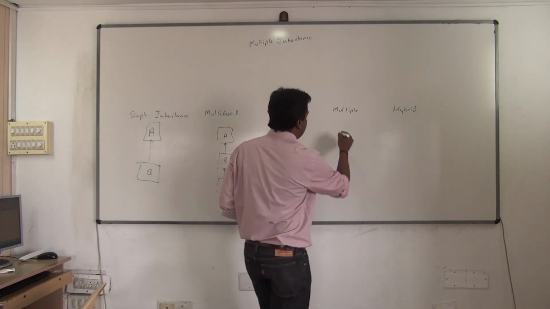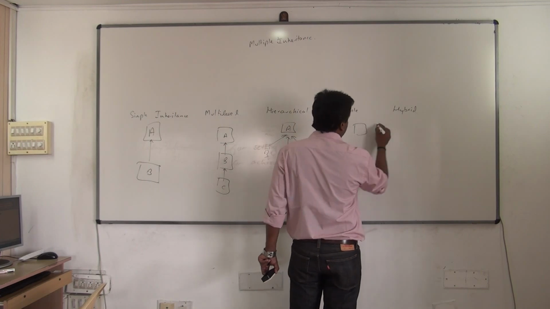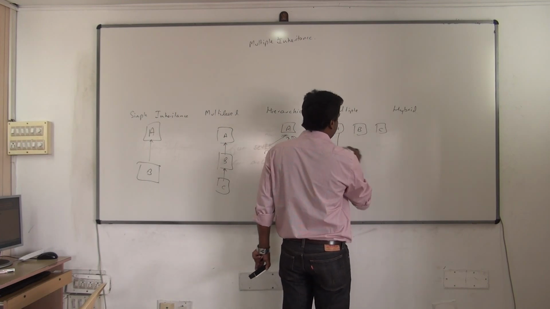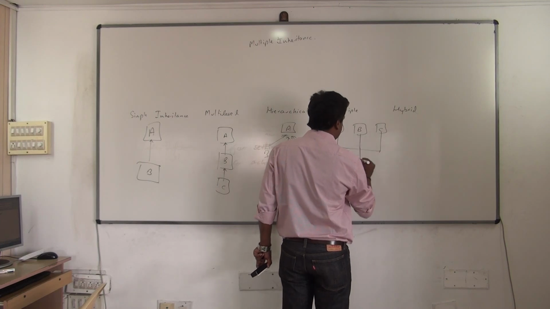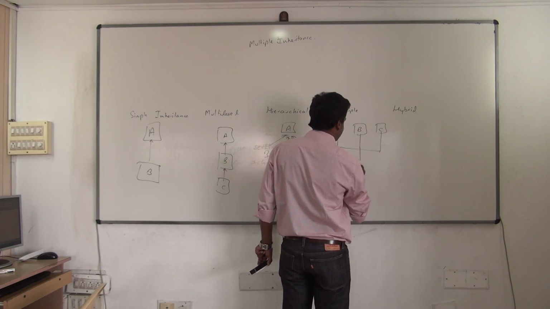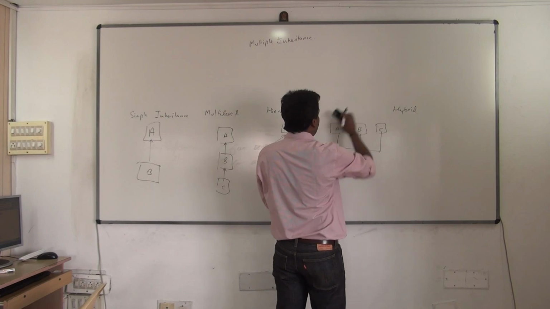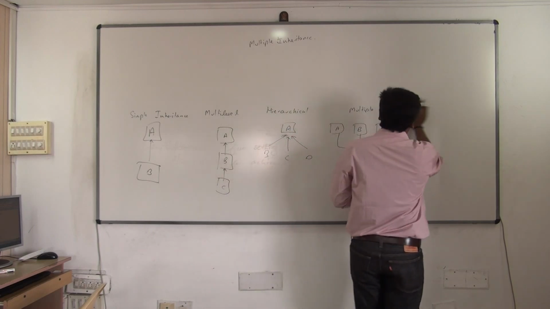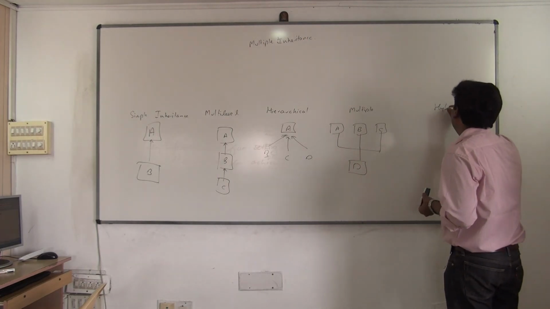Now we are moving into multiple. A, B, C. Now all this will be inherited into something called D. This is multiple. And let's see about hybrid.